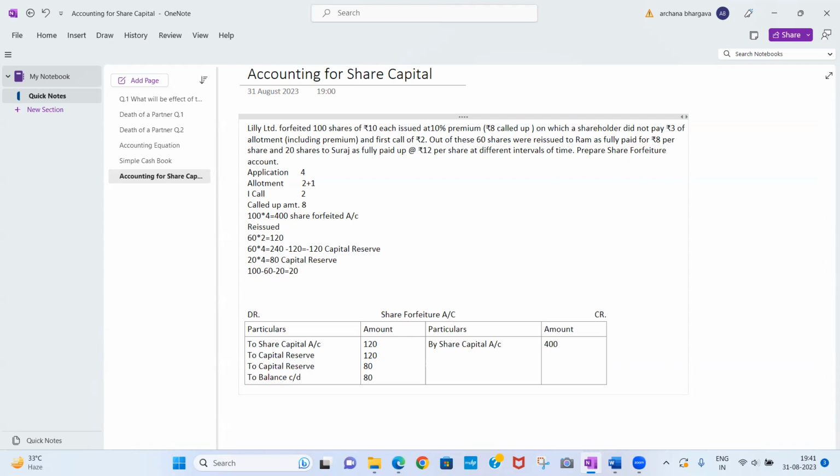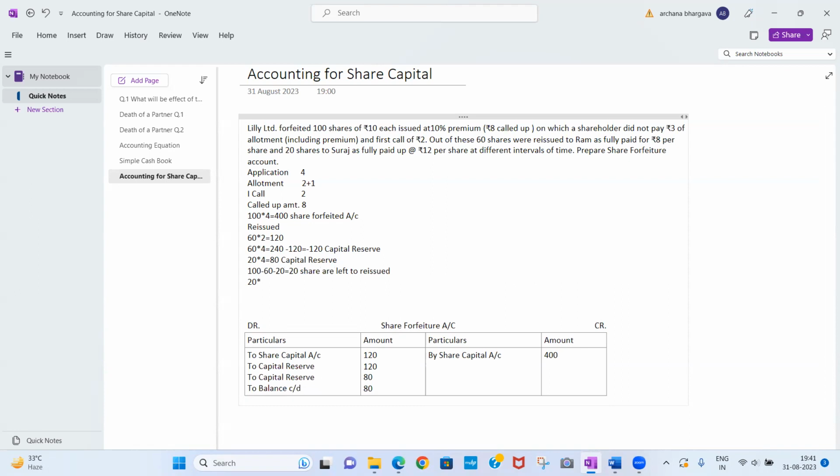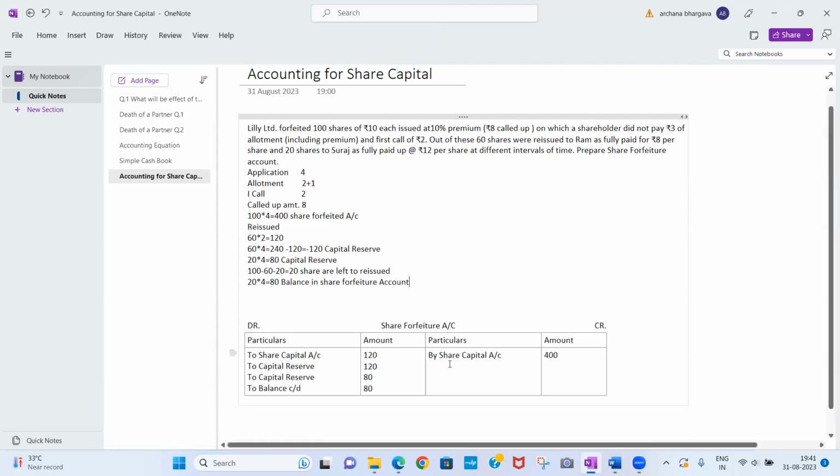So how many shares are left? 20 shares are left to reissue. So on 20 shares, forfeited amount is equal to 80. So that is the balance in share forfeiture account. Now the total of the ledger, this side also 400 and this side also 400.